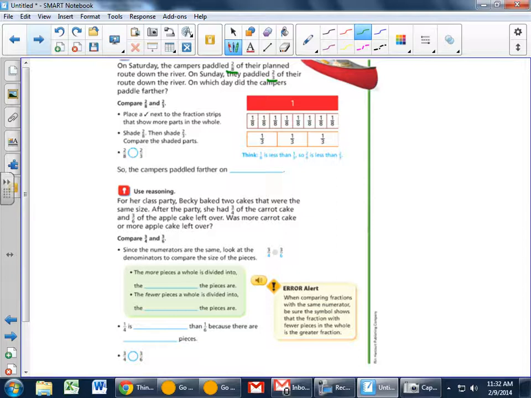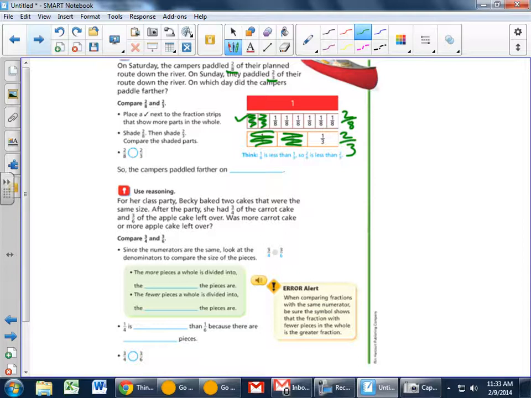So I'm going to shade 2/8 here to show that fraction, and then 2/3 to show that fraction. Okay, it wants you to place a check mark next to the fraction strips that show more parts of a whole. So the one that had more parts would be the 1/8 piece, because there are 8 pieces there.